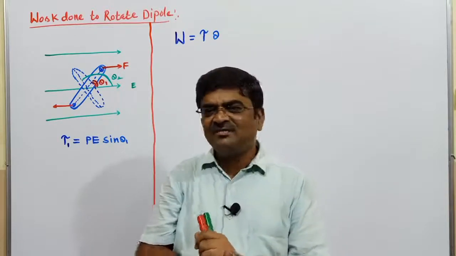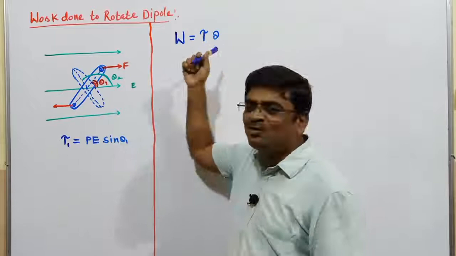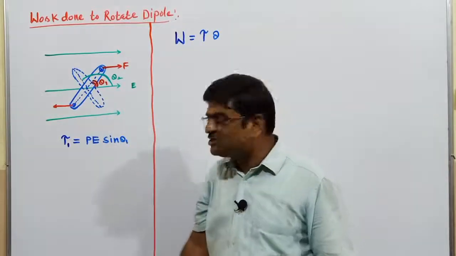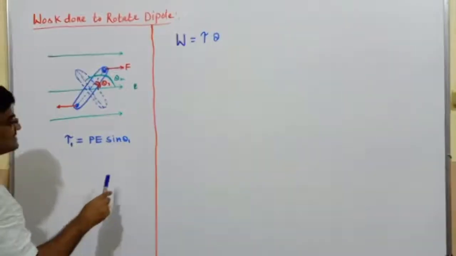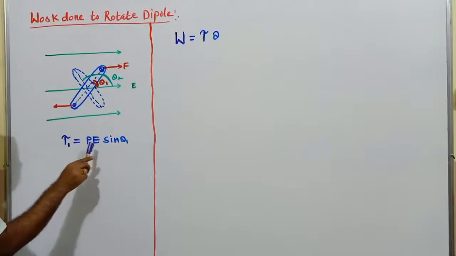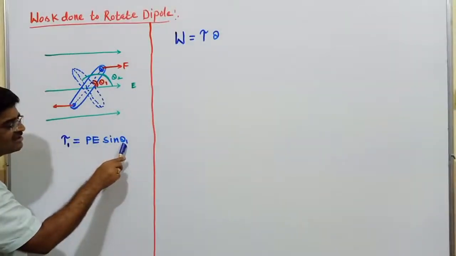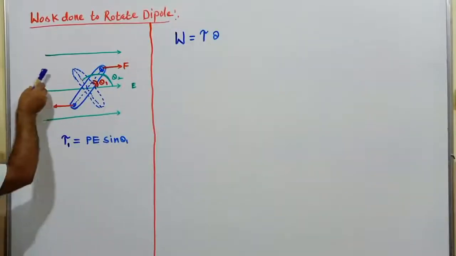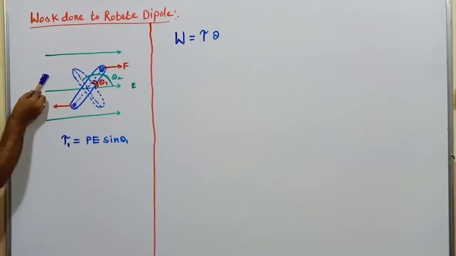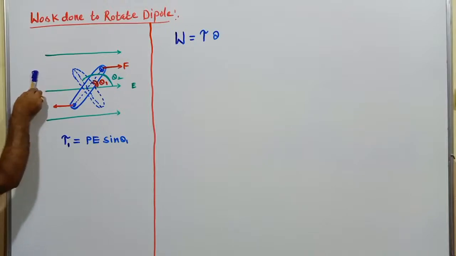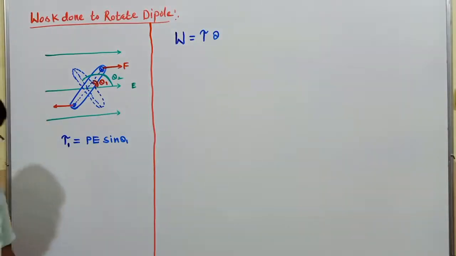In rotational dynamics, work done, you calculate torque into angular displacement. But the thing is here, I can see very clearly, torque depends on angular position. I mean, theta 1 is okay. If I go slightly ahead, I have another angle. If I go slightly ahead, I have another angle.